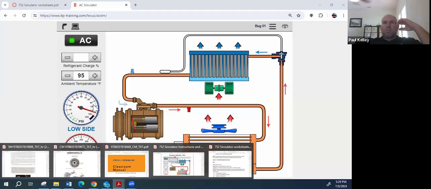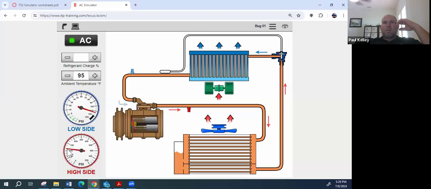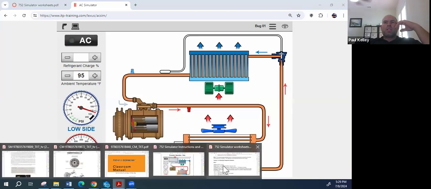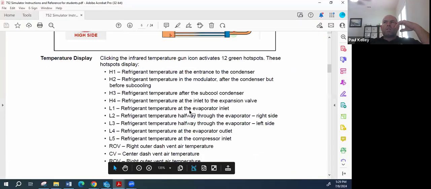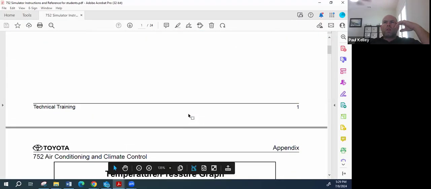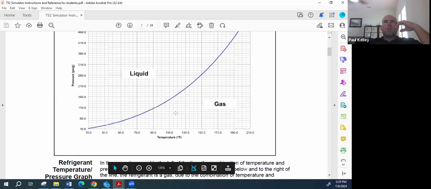I'll remind you, look at the pressure. What's that, about 110? I don't know. Probably about 105. No, this is over. It's about 112. I'd say about 112. So at 112, we can pull up our sheet here. At 112, we can look at what it should be.